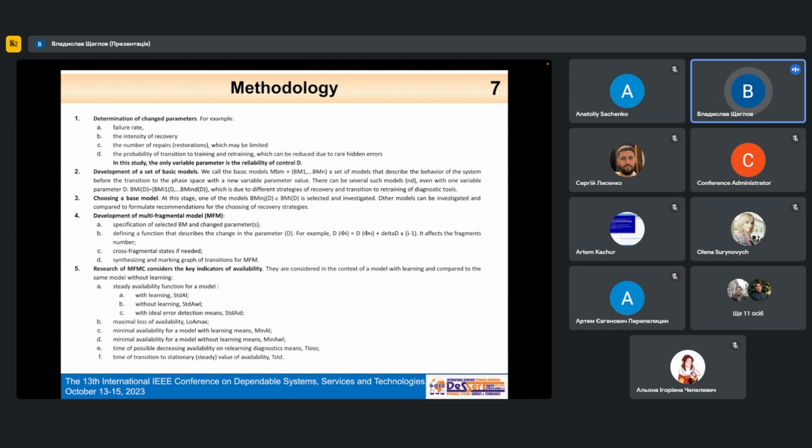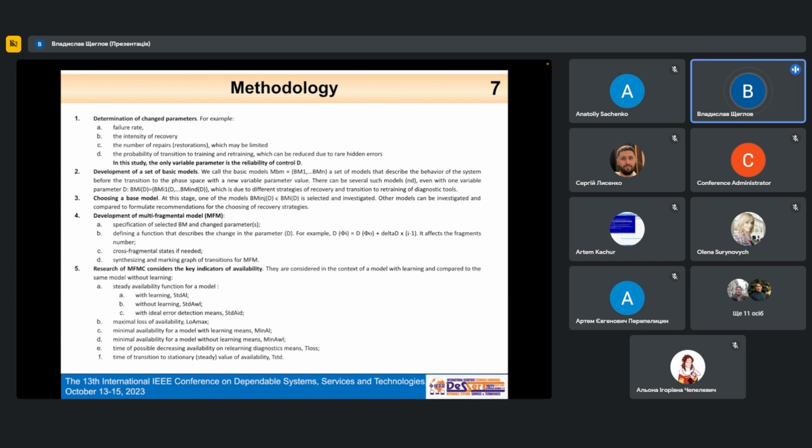Also, we need a parameter for maximal loss of availability. That means that we compare a model with learning to the model without learning. So we need to calculate maximal loss, and we need to calculate the time of this loss.